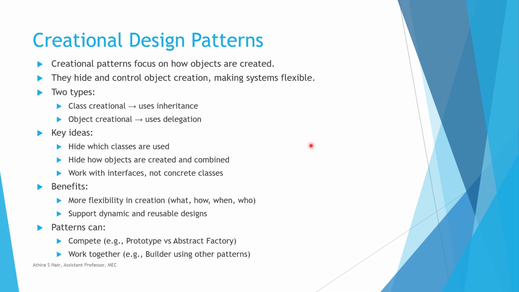And it also lets you configure a system with product objects that vary widely in structure and functionality, and configuration can be static or dynamic. Sometimes creational patterns are competitors, at other times they are complementary.